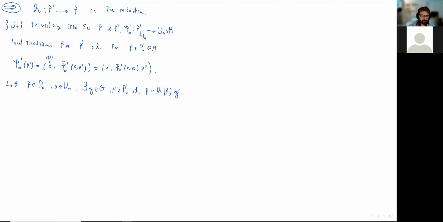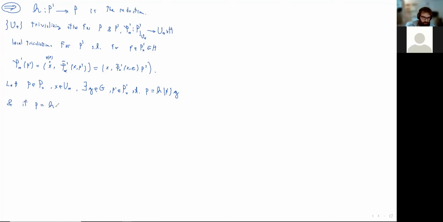Okay, and this is because this G action is transitive. So whatever point I take here, I can find it with an element of G. And of course, this is not unique in principle, but we do have some properties for what happens if we take some other representative.